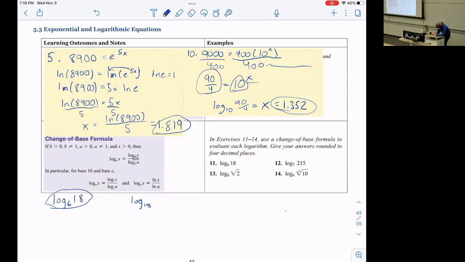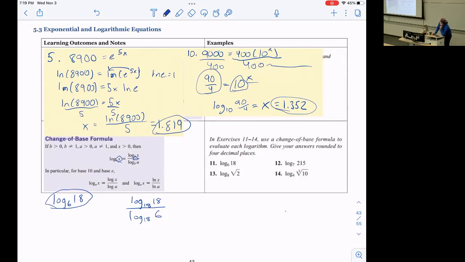So this b is our base that we want to change to. Log base 18 of 18 over our log base 18 of 6, which doesn't really help us a lot. However, I'm not sure what base it would want us to take it to.